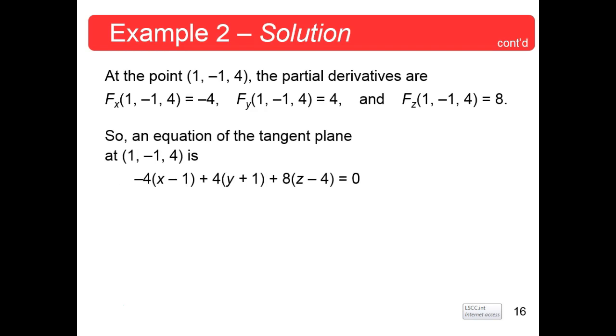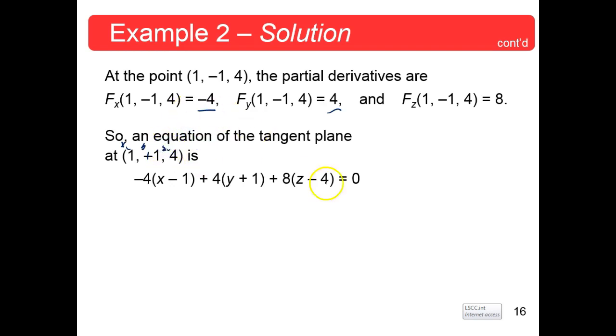So the equation of the tangent plane is f sub x times your x minus 1, which you get from this x minus 1, plus 4, this 4, times y plus 1, which you get from y minus 1 is y plus 1, plus 8, that's the partial with respect to z at that point, 8 times z minus 4.